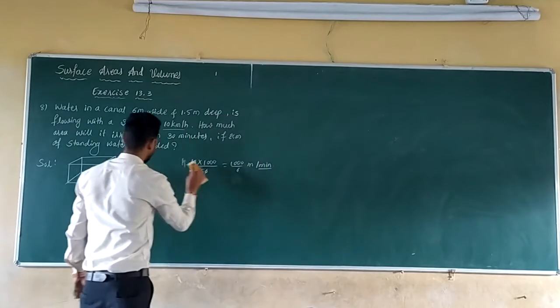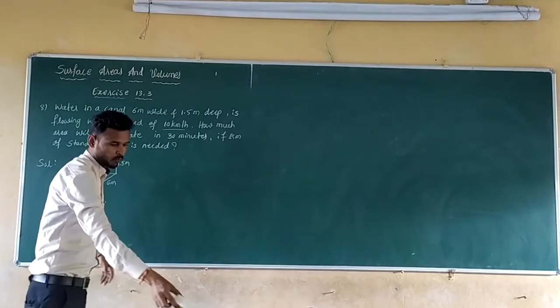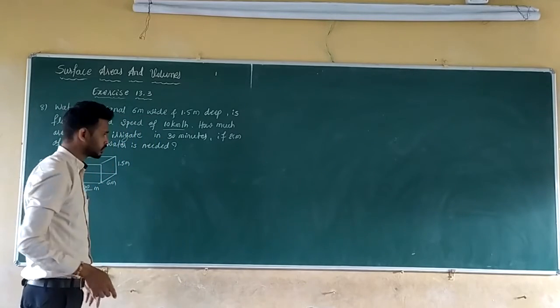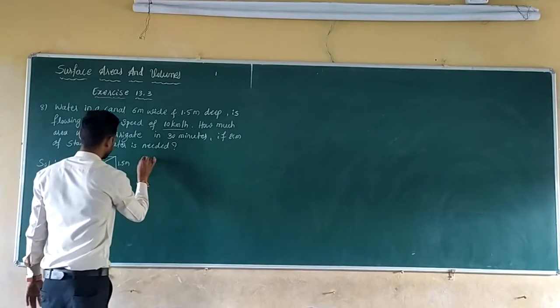So let us first find the flow of water in 1 minute, means the length of the cuboid.